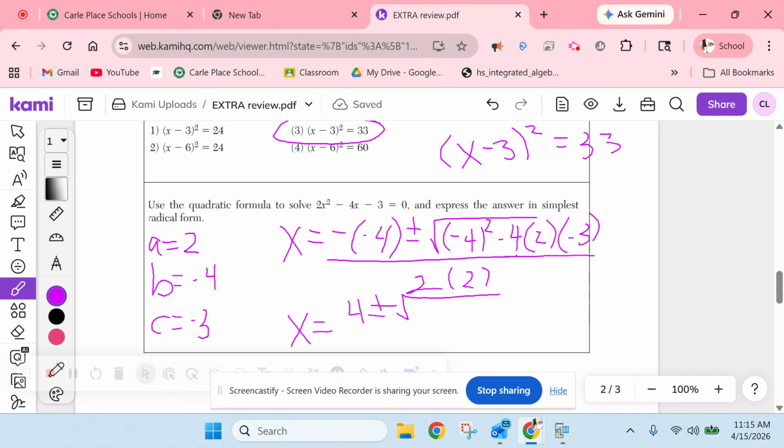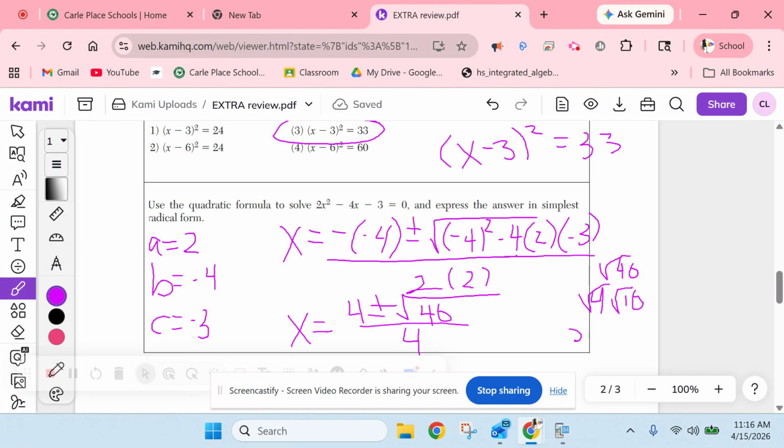Then I'm going to enter into my calculator the discriminant without the radical, okay? You do not want to put the radical because then you're going to get some decimal number, and that's not what we're looking for. We're looking for what is the discriminant. Okay, it's 40. Over 2 times 2 is 4. Square root of 40. Sorry about my handwriting. That's radical 4, radical 10.